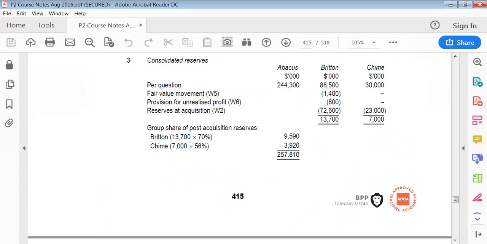Britain, we transfer the 70% of 13.7. In C, we have an effective control of 56. We transfer 56% of the 7,000. We then close the parent to give us the consolidated reserves that we're going to take to the balance sheet.